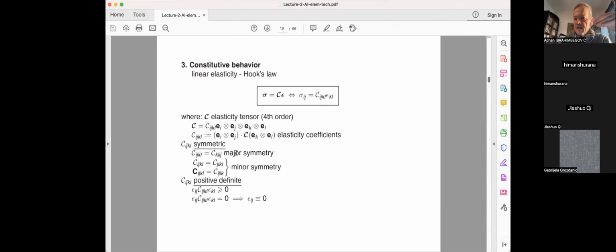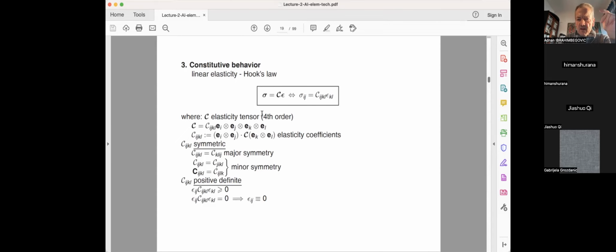If you take a second derivative with respect to strain, of course, you get the corresponding component of the elasticity tensor. Now, if you take the mixed partial derivative with respect to epsilon ij and epsilon kl, and then change the order, first taking epsilon kl and then epsilon ij, these two things should be the same because you're coming from the same potential. That's the reason you have a major symmetry. As long as you have hyperelastic behavior with the potential, all is fine.